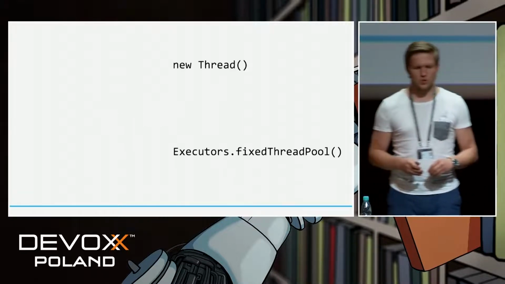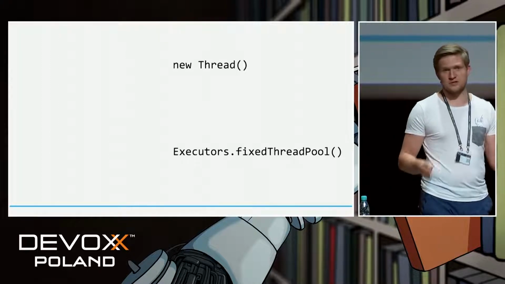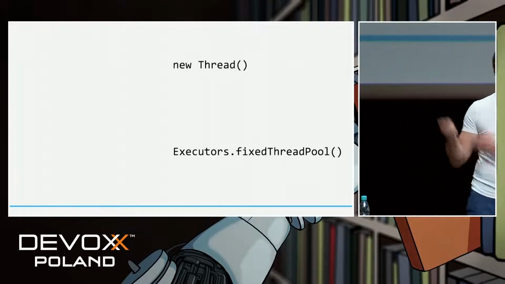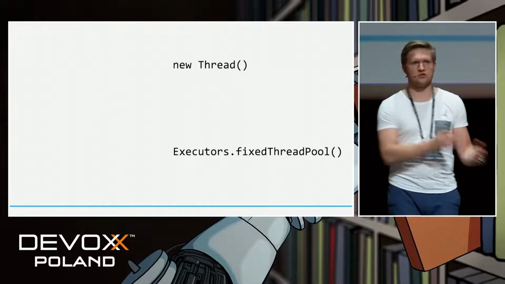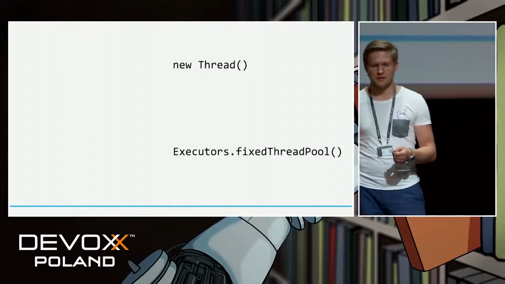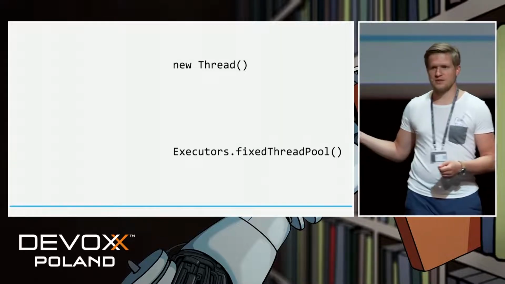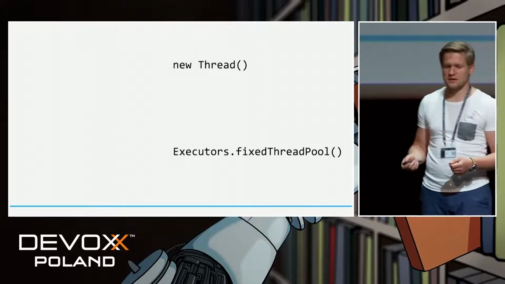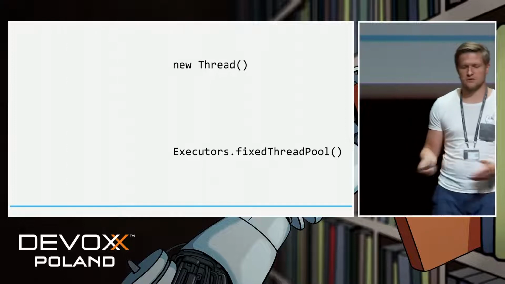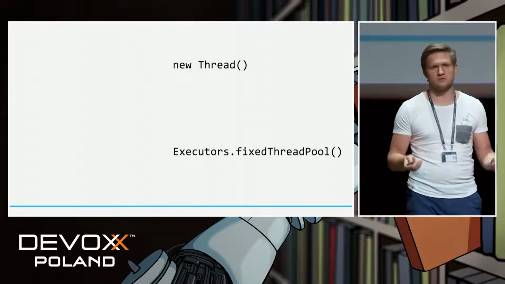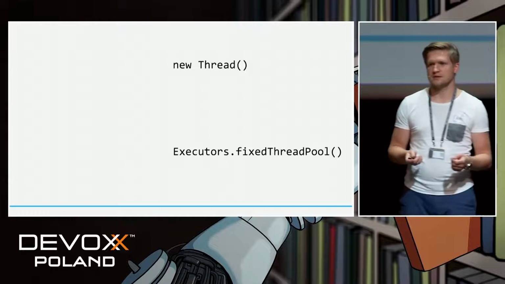So basically, there are two ways of creating threads, of using threads. You can either do the new thread, meaning just create a new thread, run something, and throw it away. Or you can use thread pools. You've probably seen this construct, this method, Executors factory, Executors fixed thread pool, to create a thread pool of a fixed size.